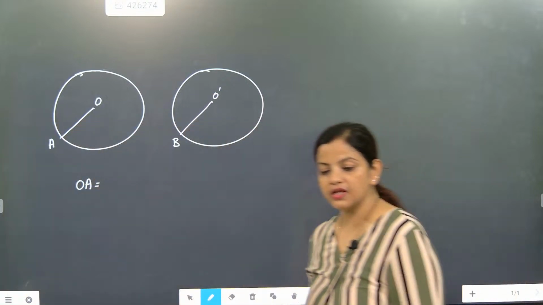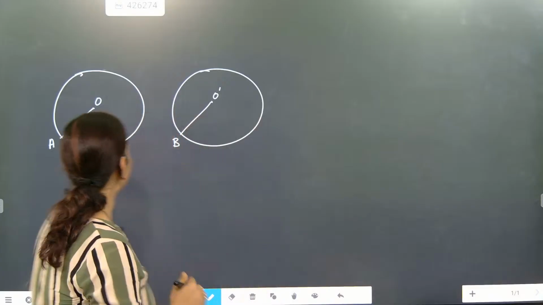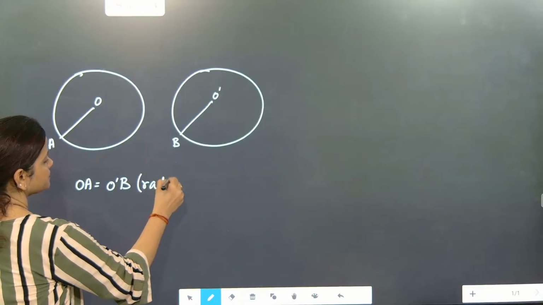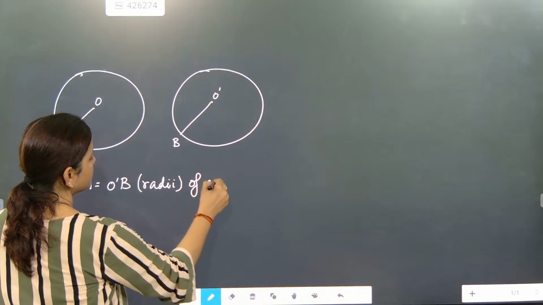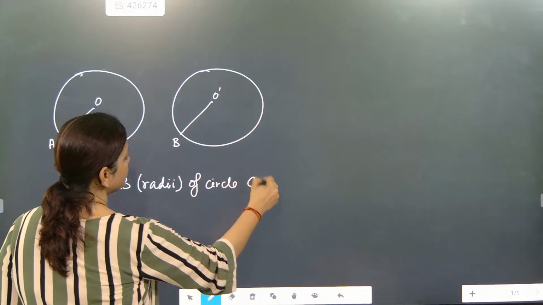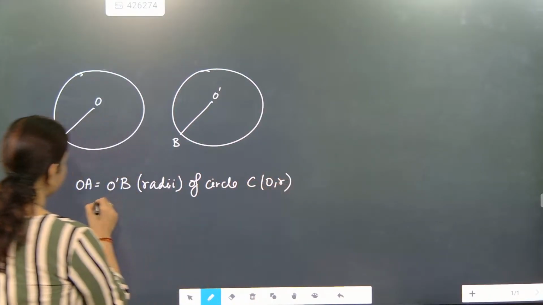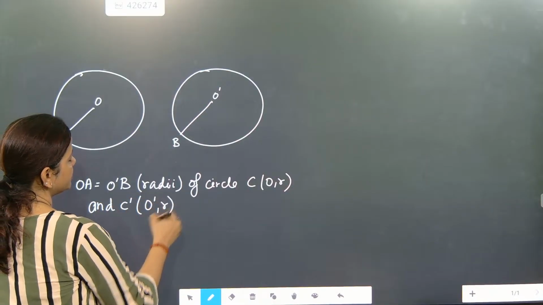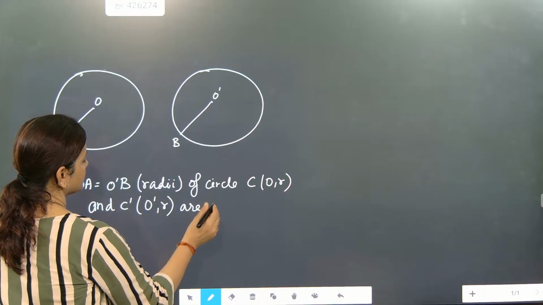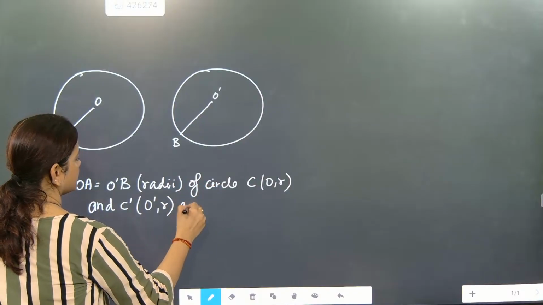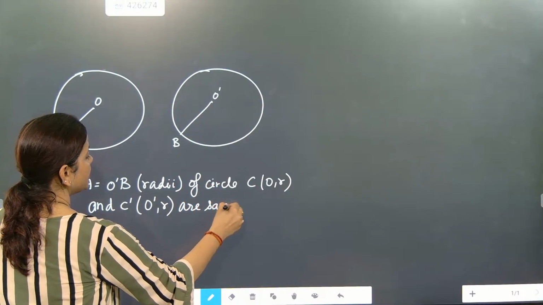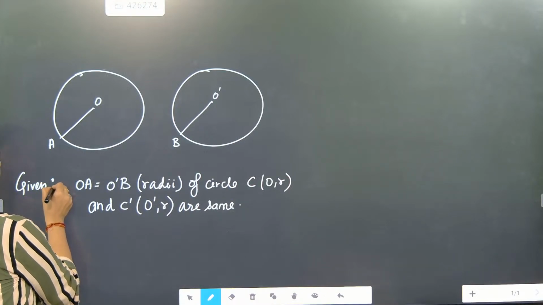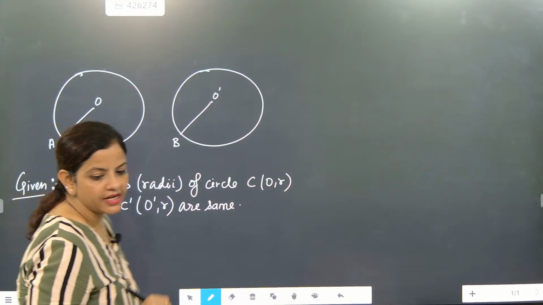Now what we are learning here is OA is equal to O dash B. So the radii of circles C with center O and radius R and C dash with center O dash and radius R are the same. This is exactly given.